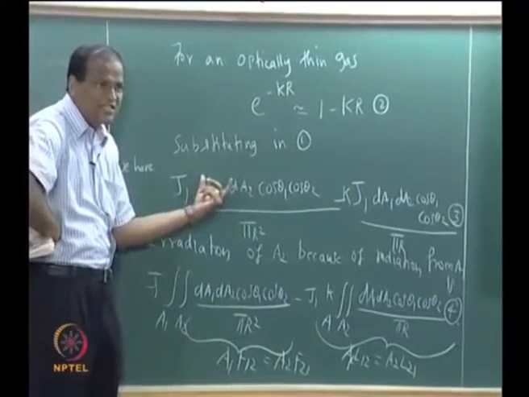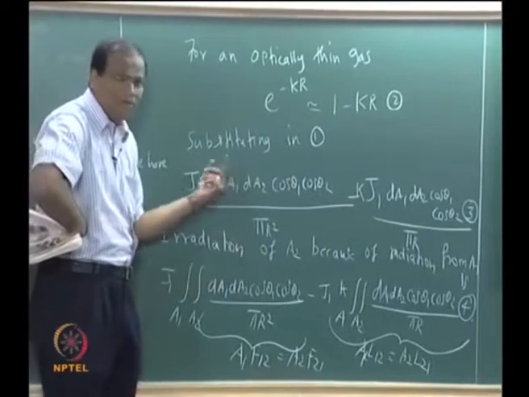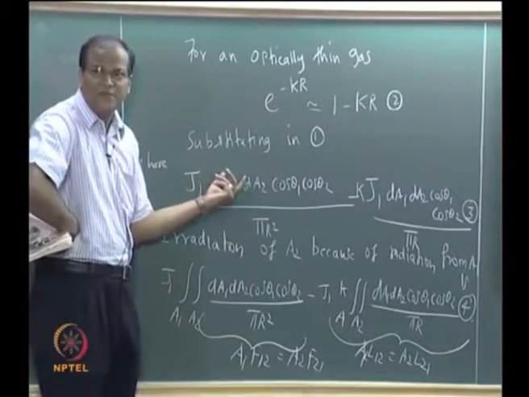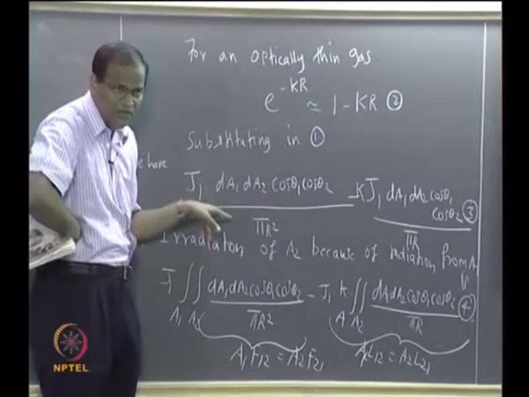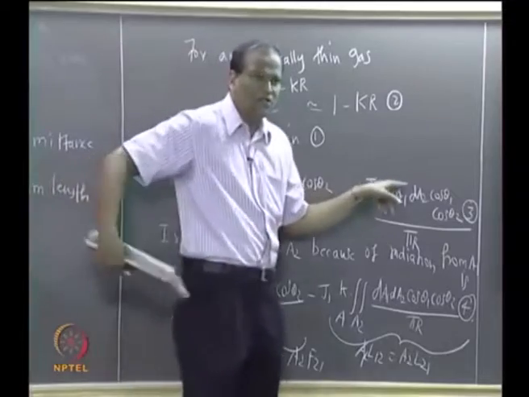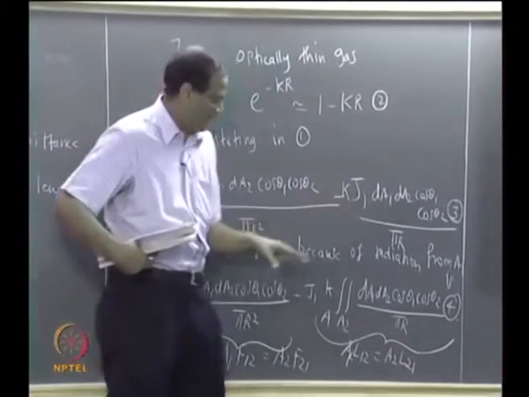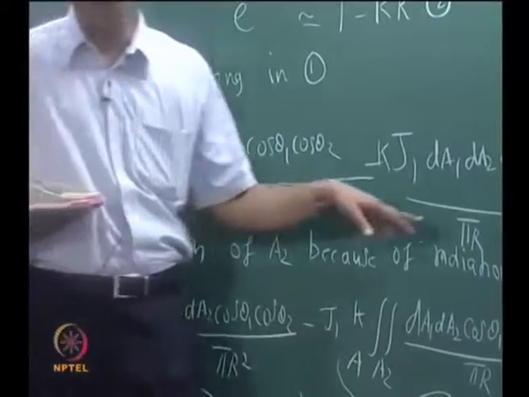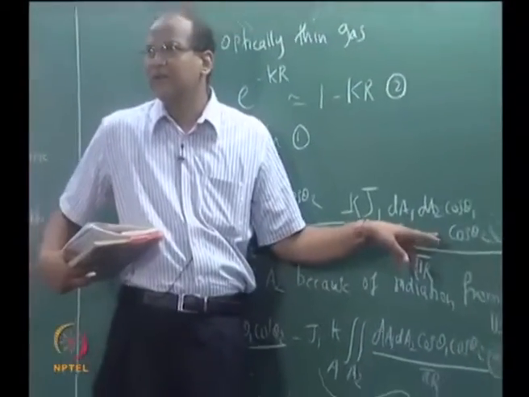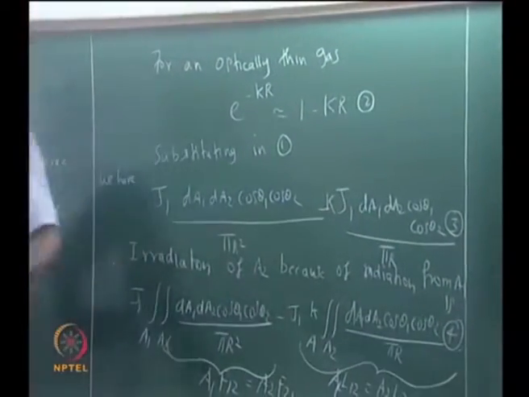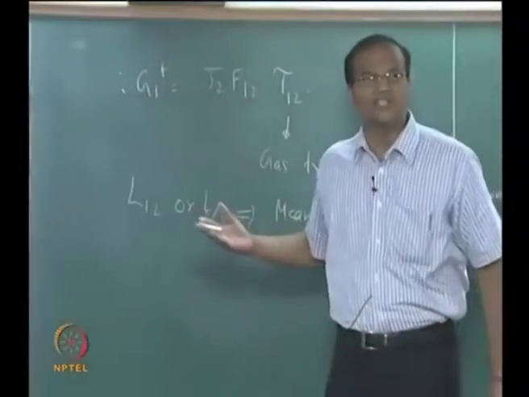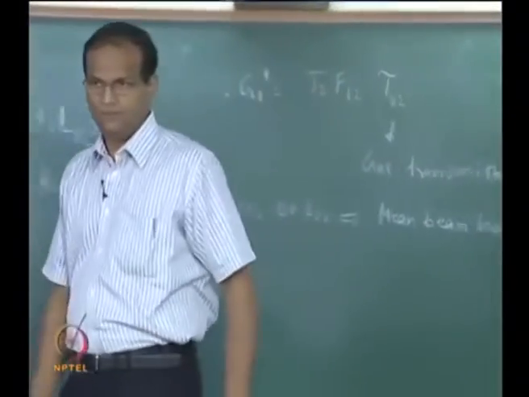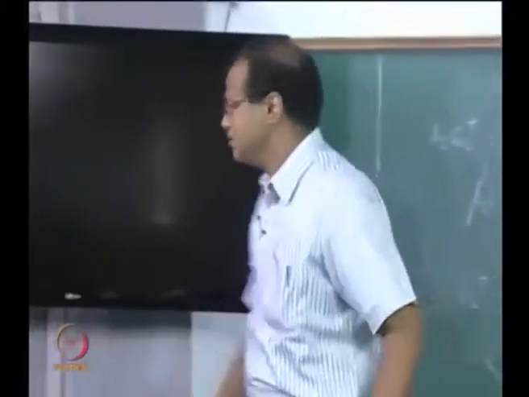Because we are able to write this as a view factor, and by inspection we are able to figure out that A1 F12 is equal to A2 F21. Since this expression is also analogous except for the fact that instead of pi r squared I have pi r, it follows that L12 or Lij also follows the reciprocal rule, correct.